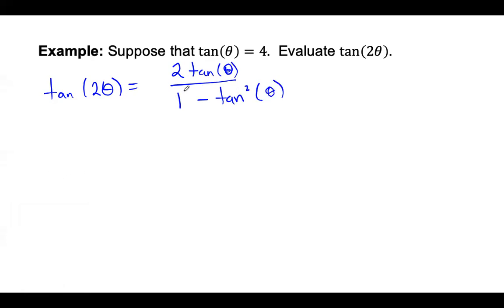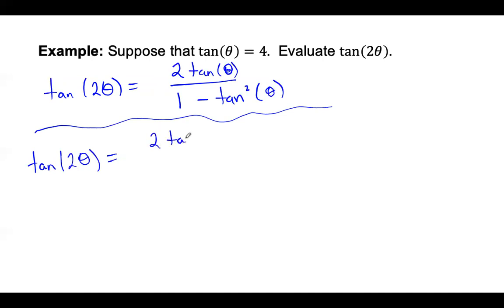So we're just going to plug this in. Let me write it again. So tan 2 theta is equal to 2 times tan of theta, divided by 1 minus tan squared theta.